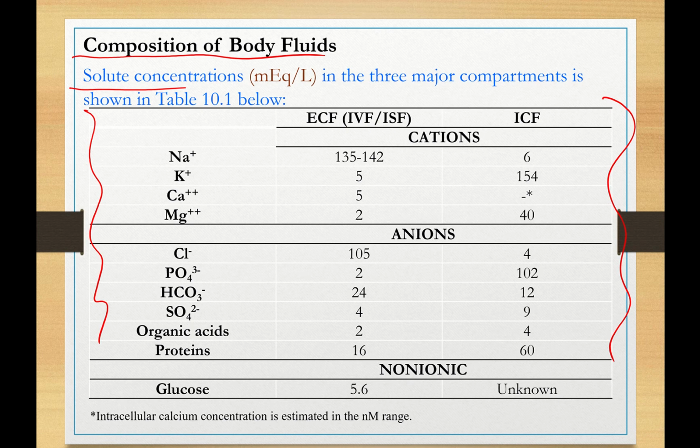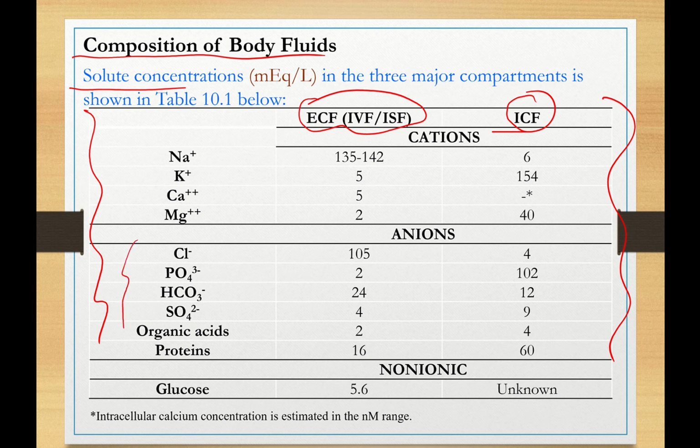So we can see here, this column contains the extracellular fluid, which is intravascular and interstitial fluid together, okay? And this is of course the intracellular fluid. And the top panel contains the cations, and this panel contains the anions.